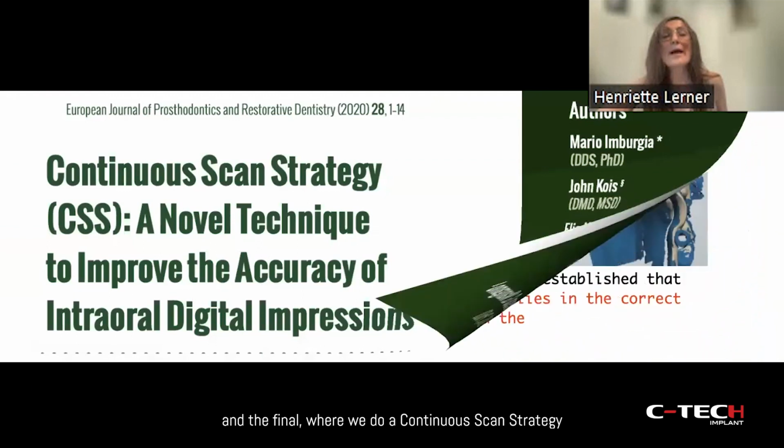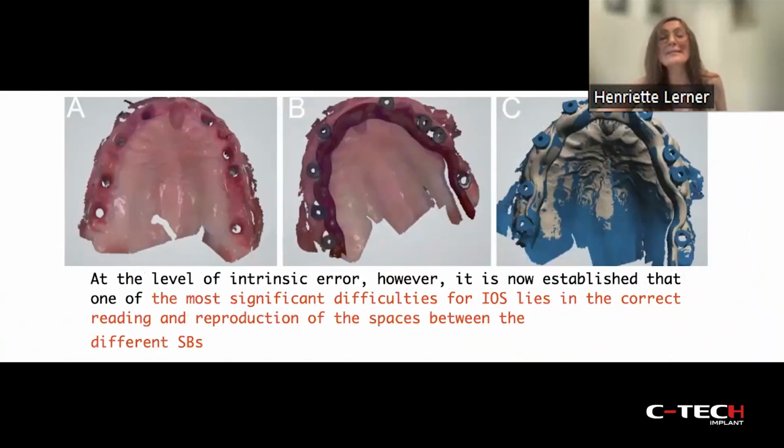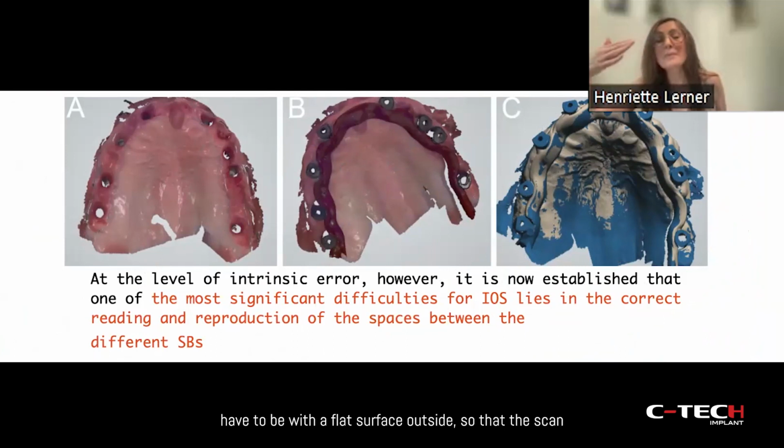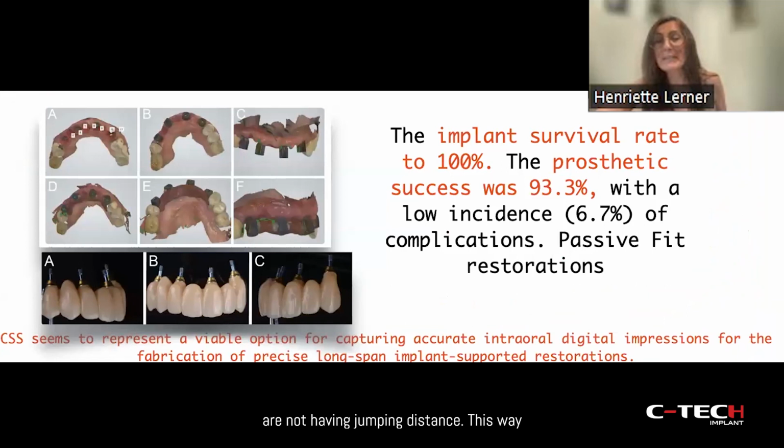where we do a continuous scan strategy over the scan bodies. So in order to be able to do a scan over the full arch, we splint the scan bodies on the inner side, and the scan bodies have to have a flat surface outside, so that the scan does not have jumping distance.